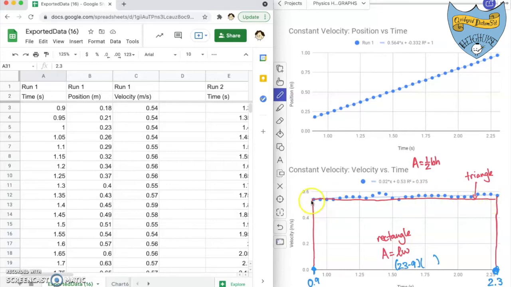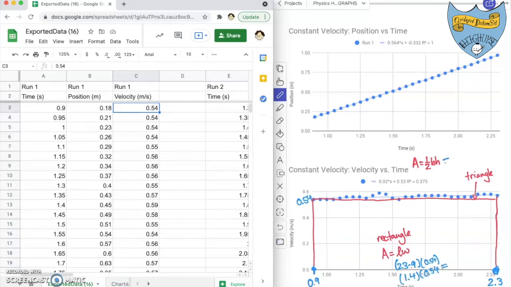In my case, the lower end is the initial velocity here. So I will look up in my table, looks like it's 0.54. Since this is at 0.54, that's going to be how tall my rectangle is. So I'll put in 0.54. I'll worry about what that is in a minute.